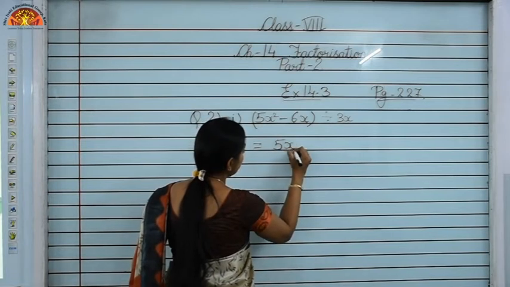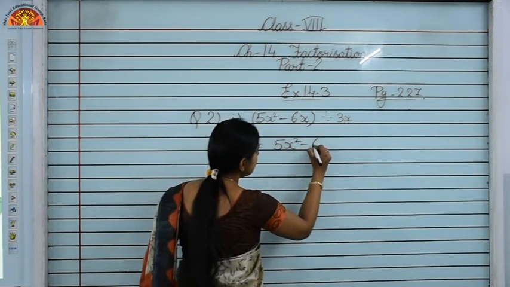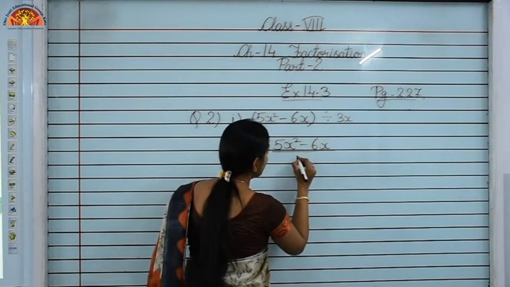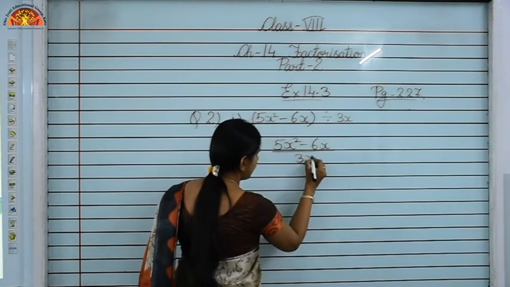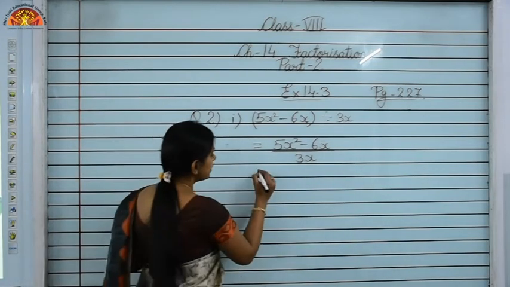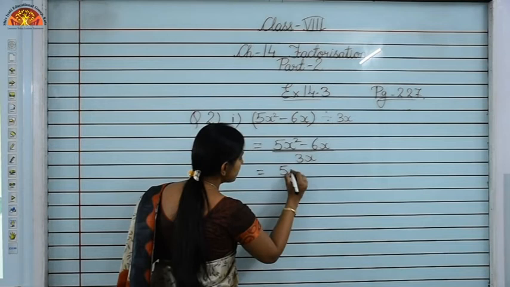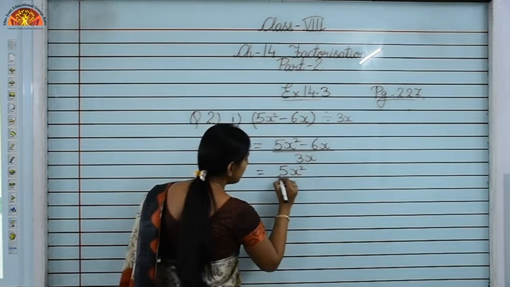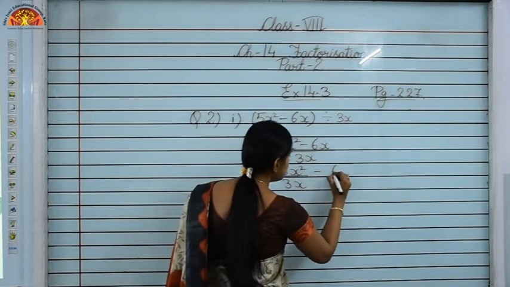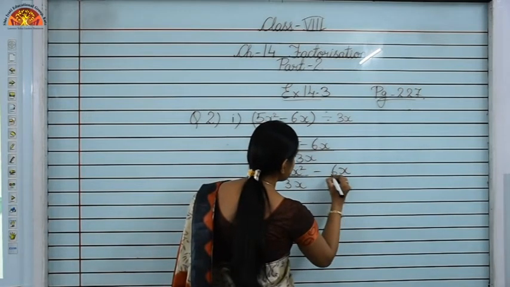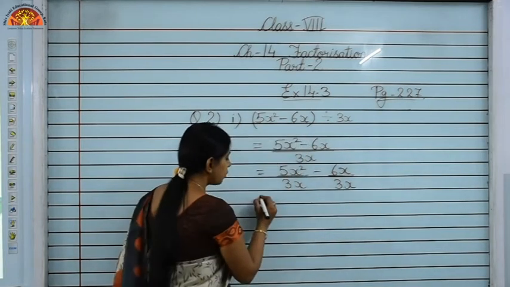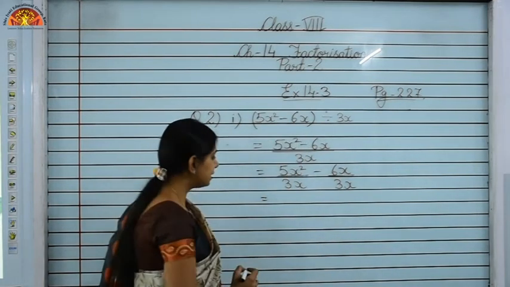Now just see how to carry out the division. 5x square minus 6x whole divided by 3x. Okay. Now what you can do? You can just separate the terms. That is 5x square divided by 3x minus 6x divided by 3x. Now you can just carry out the division separately.